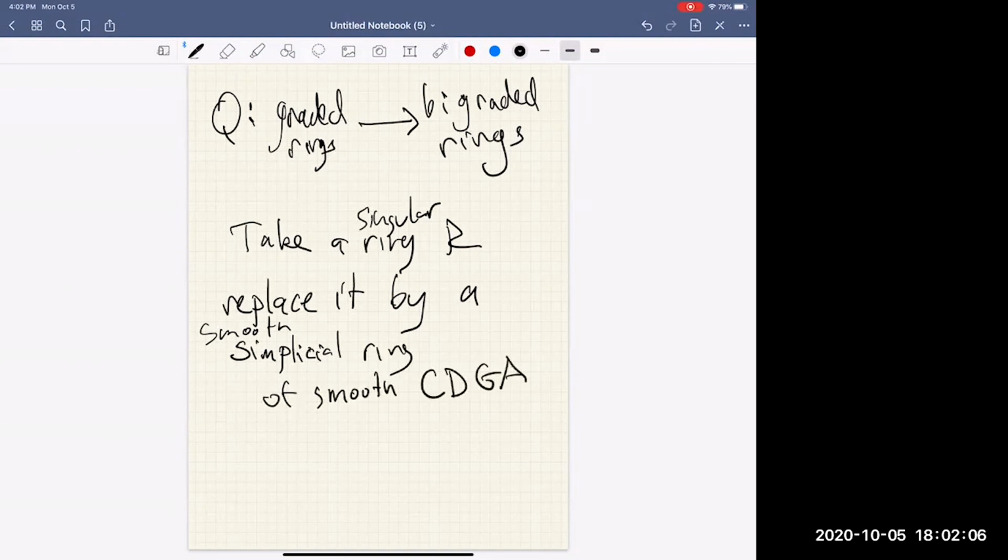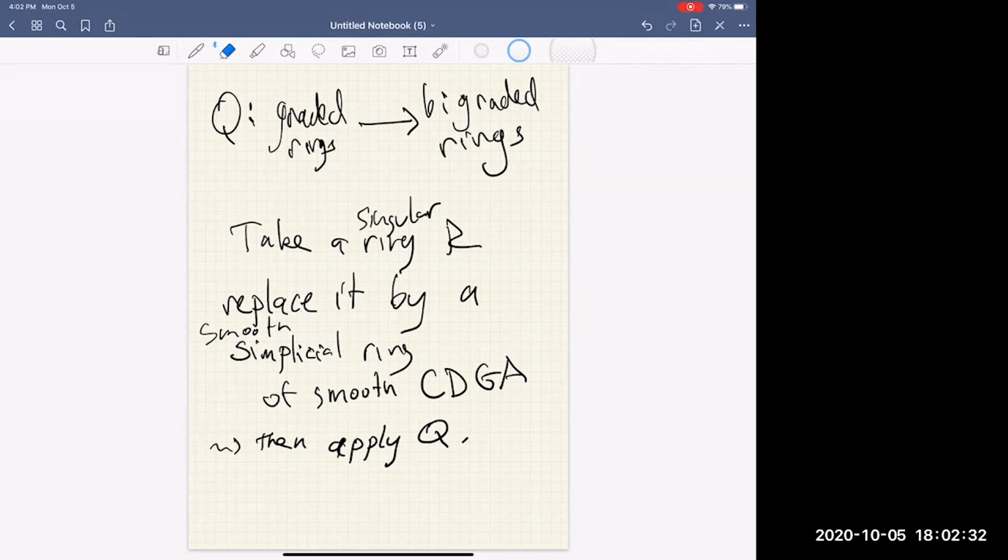Okay. Then apply Q. And all I'll say is that, so this is some kind of derived algebraic geometry perspective on this Q. All I'll say for now is that this always gives a fully faithful functor.